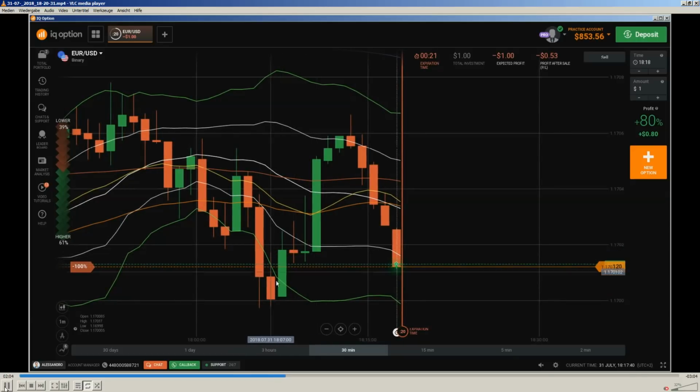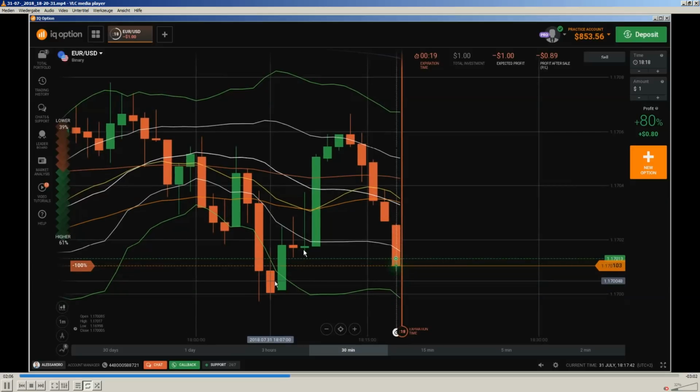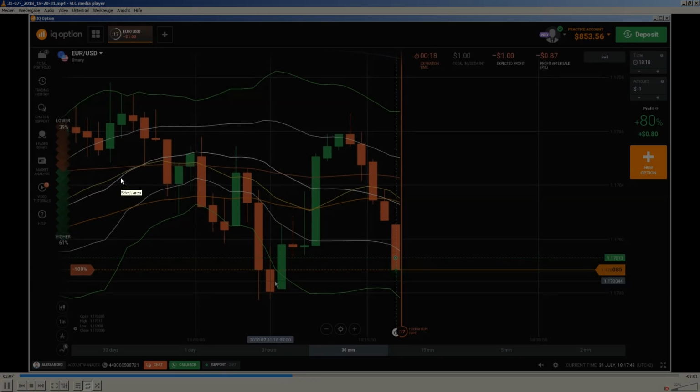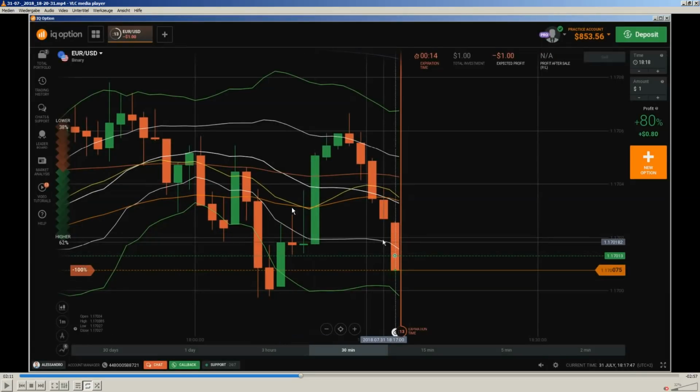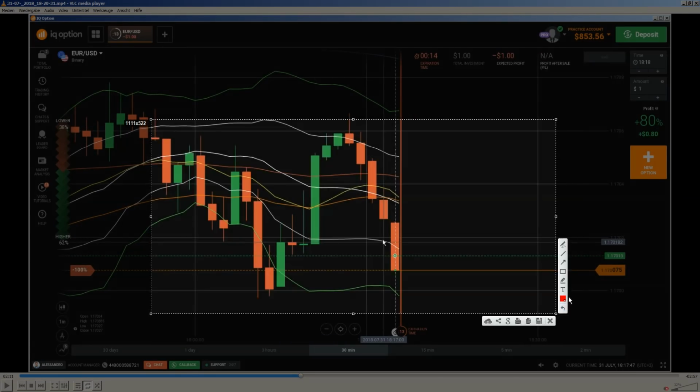I'm explaining this because I saw this kind of area. Let me show you this. Wait, I have to stop the video first. So, yes, here, because I saw this kind of area here, due to these wicks, I understood that price will close at least at this level or above this level, because we are still in a ranging market here.